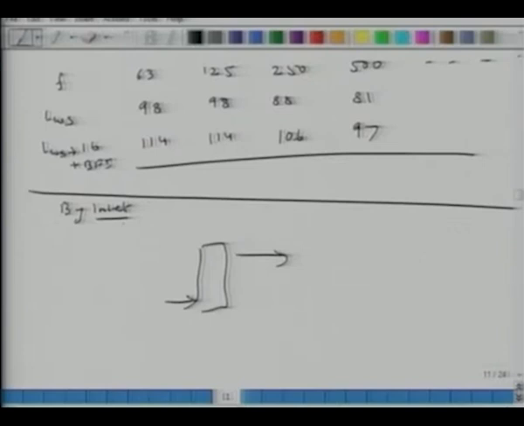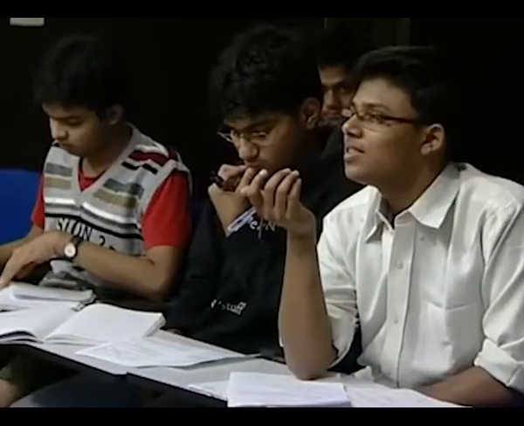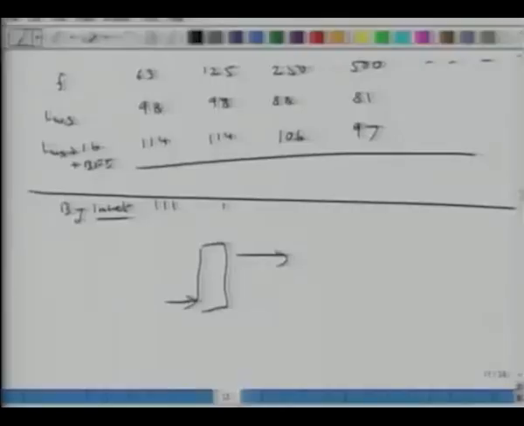This is in decibels and power. Should I make it 57? Not 57. 3 dB, because power is 10 log something. So half of this noise is coming from the inlet of the fan and half from the outlet of the fan. This is an assumption. So half of the noise translates to 111, 111, 103, 94.